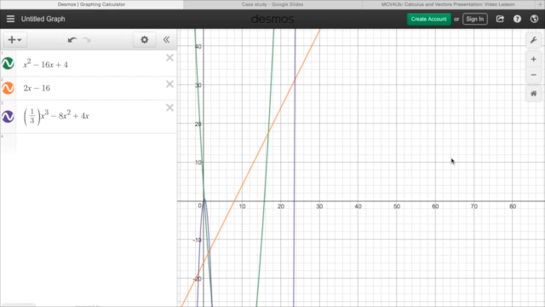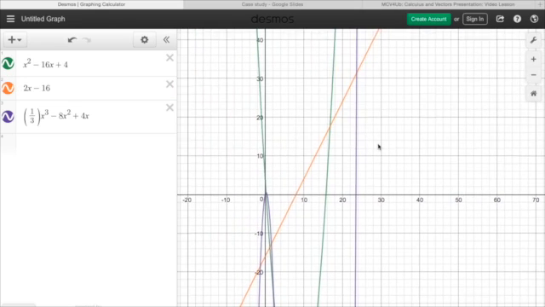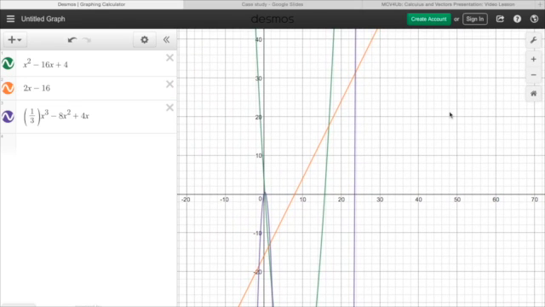I just wanted to explain and give you a graphical understanding of what we just solved. So the question asked what is the velocity when acceleration is 0? So I have the 3 functions we have and what we found. The purple is the displacement function, so the original function.